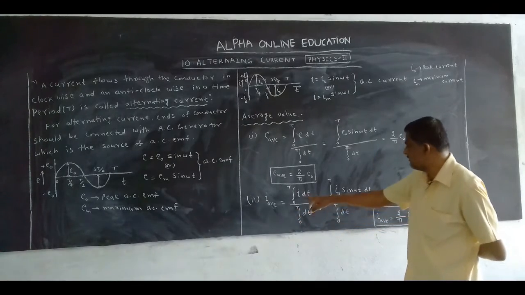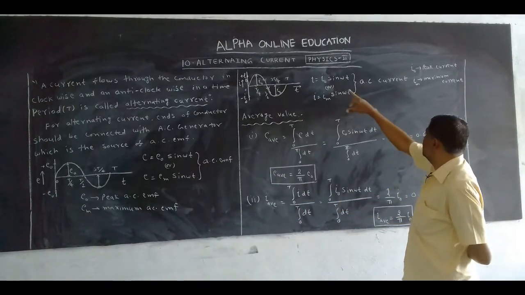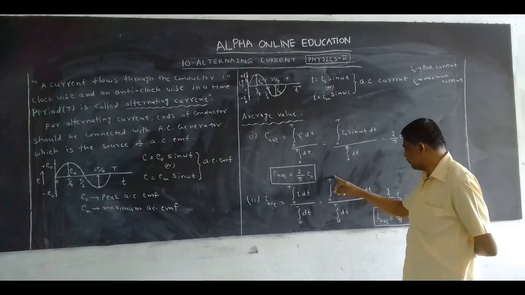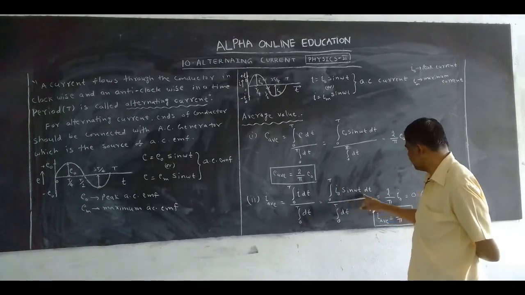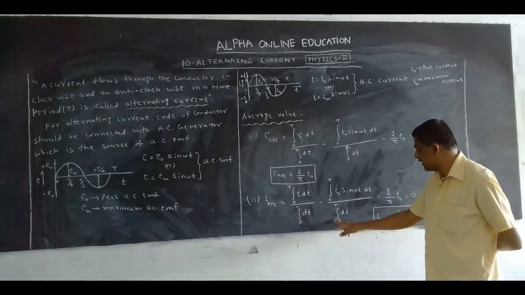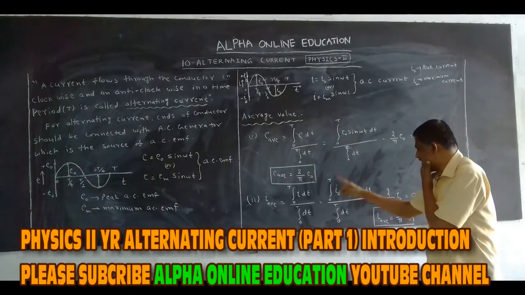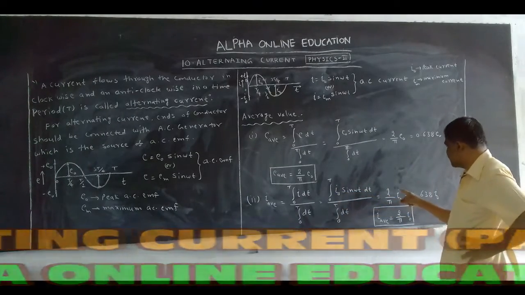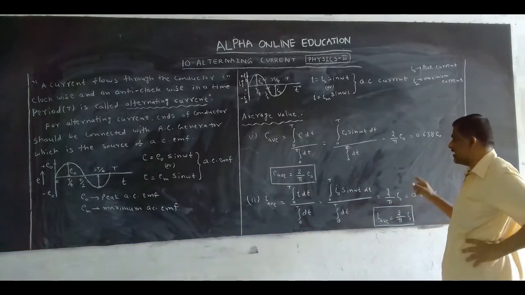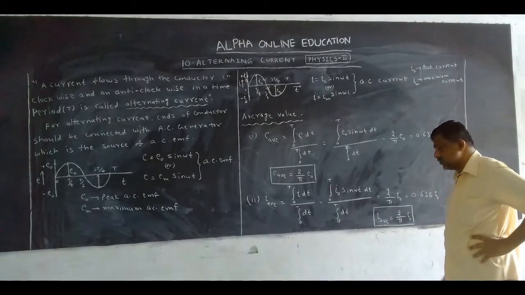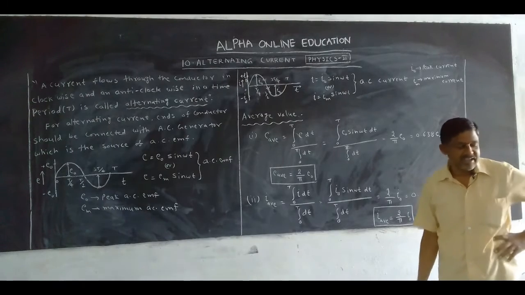We know the I value. What is the I value? I naught sin omega t. So integral 0 to T of I naught sin omega t dt, divided by integral of dt with limits 0 to T. Again we can simplify this. We get the answer 2 by pi I naught, meaning the 2 by pi value is also 0.638 I naught.